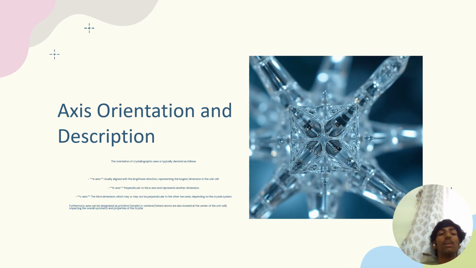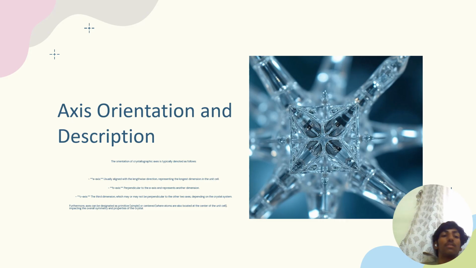Axis orientation and description. The orientation of crystallographic axes is summarized as follows. The A-axis generally aligns with the lengthwise direction of the crystal unit cell, often the longest axis. The B-axis lies perpendicular to the A-axis, representing another dimension. The C-axis is the third axis that may or may not be perpendicular to A and B depending on the crystal structure.